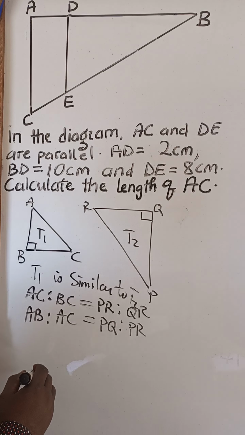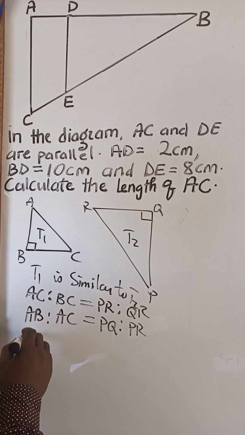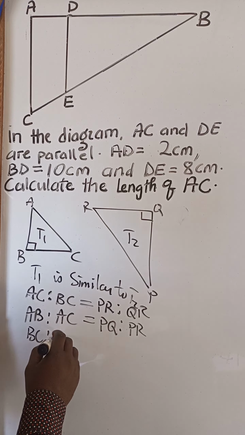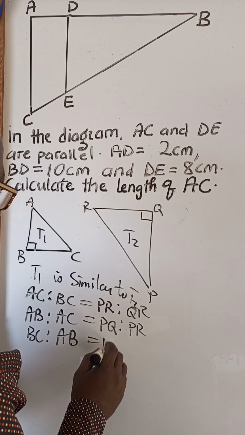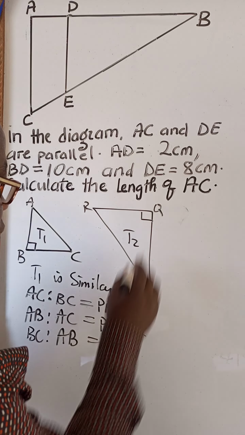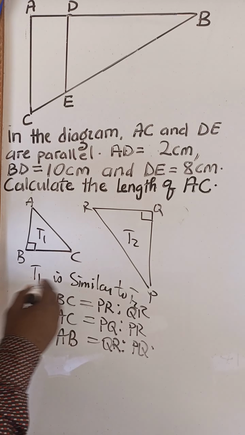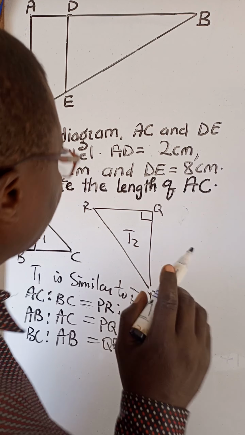If we take the base BC is to the altitude AB, then we should also take the base QR is to the altitude PQ, and so on. This is what we mean by proportions of corresponding sides must be equal for similar plane figures.